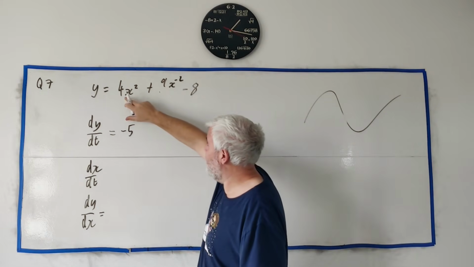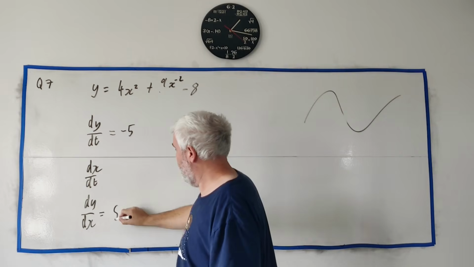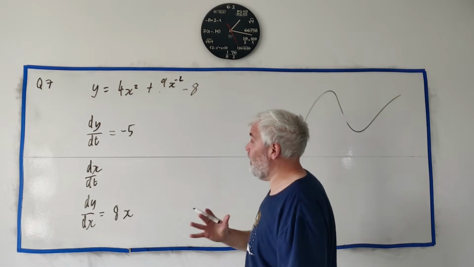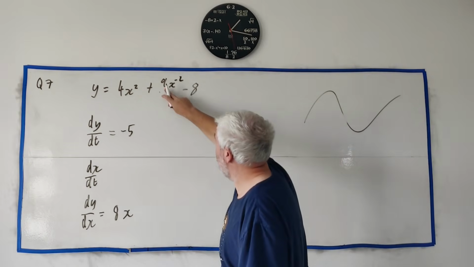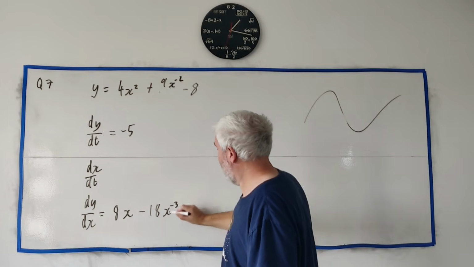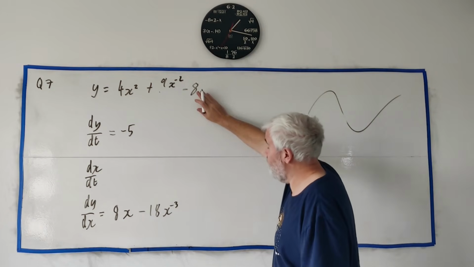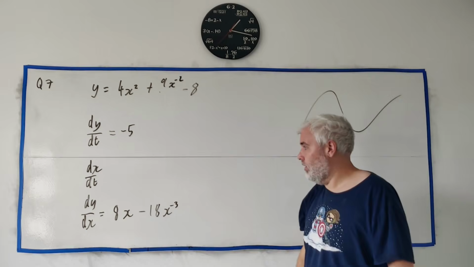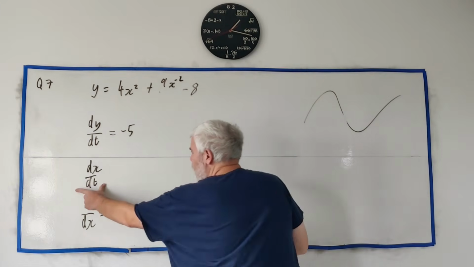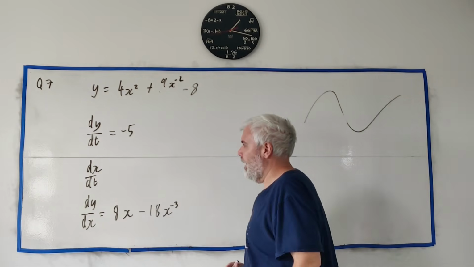The derivative of this is 2 multiplied by 4 is 8, and take 1 away from the power 2, which is x to the power 1. Here, minus 2 times 9 is minus 18, and take 1 away from that, we get minus 3. The derivative of minus 8 is 0. That's dy dx there.